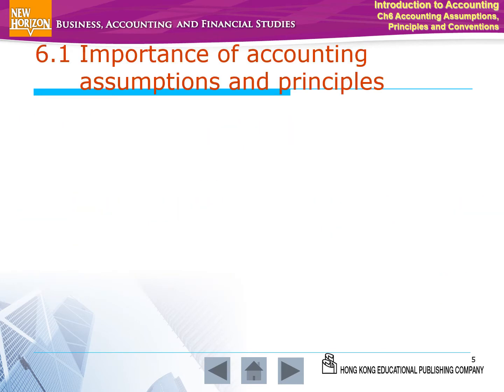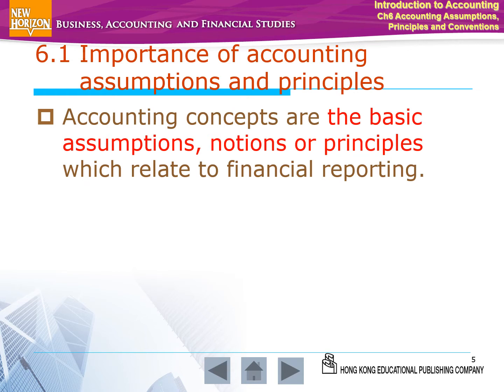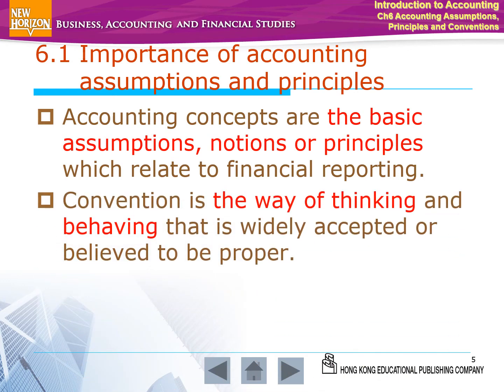Before we start to learn those 5 accounting concepts, we should first know the importance of accounting assumptions and principles. First of all, we should know what accounting concepts are. Those concepts are the basic assumptions, notions, or principles related to financial reporting.